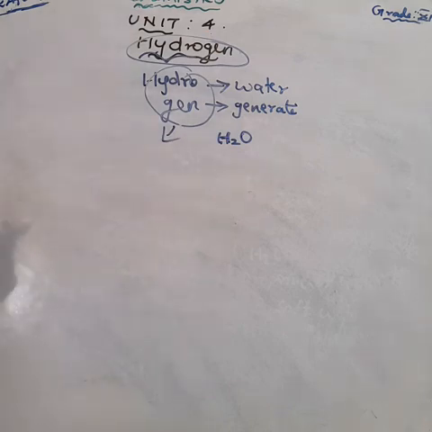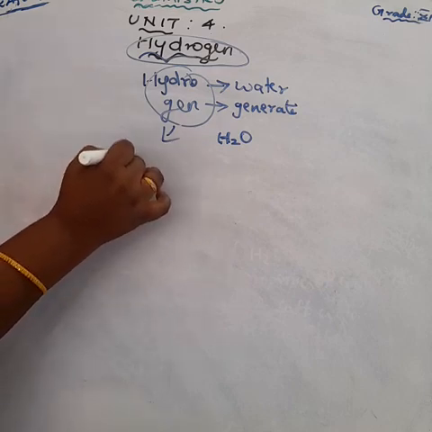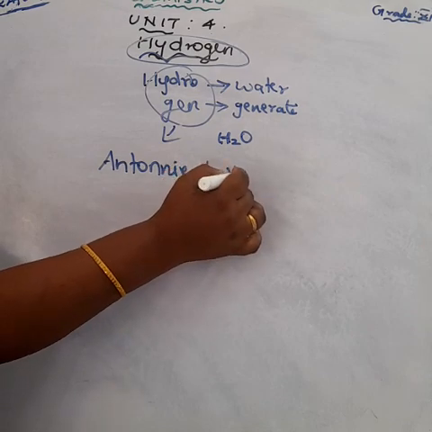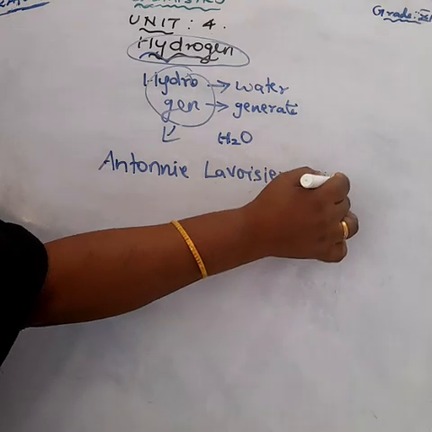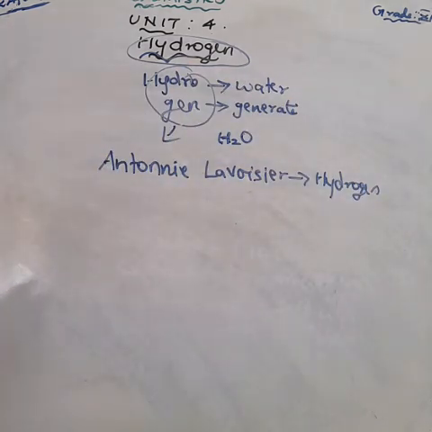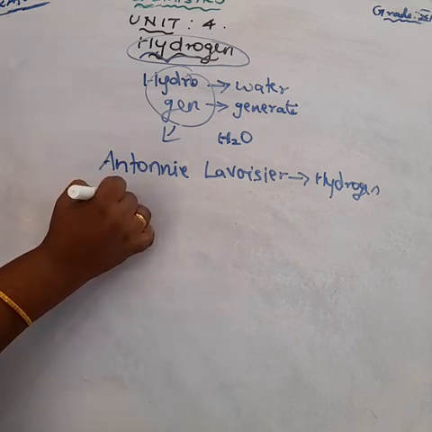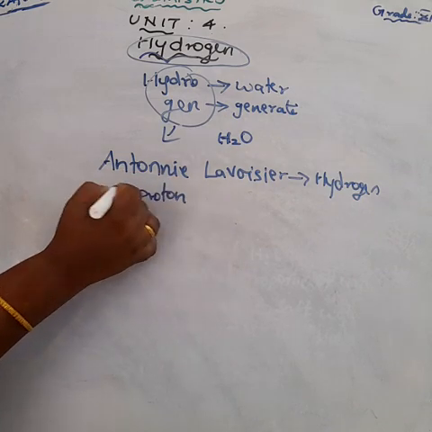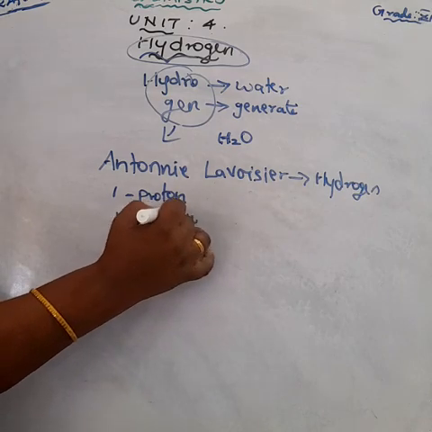The name hydrogen was given by Lavoisier, who is the father of chemistry. We know Antoine Lavoisier. He is the discoverer of hydrogen. Understood? Hydrogen is one of the simplest atoms, which contains one proton and one electron.